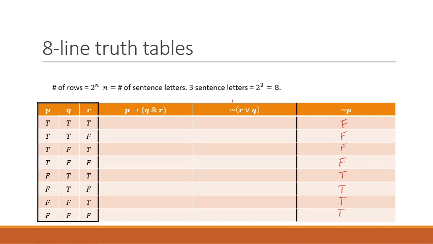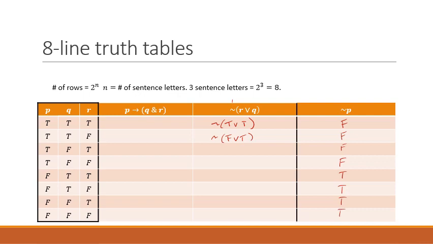Inside the parentheses is R or Q. So for instance, line 1 is going to be R, which is true, or Q, which is true. And then line 2 is going to be R, which is false, or Q, which is true, and so on and so forth.